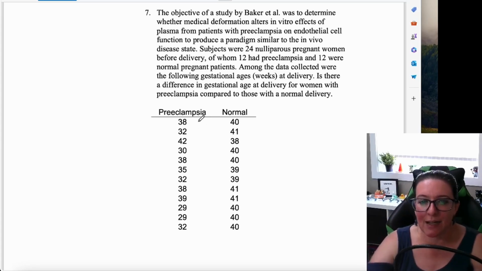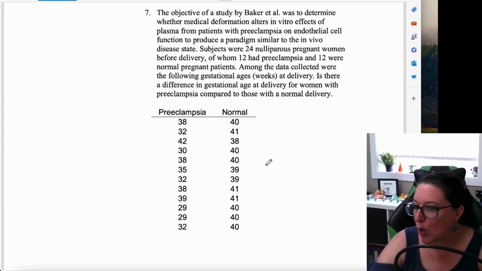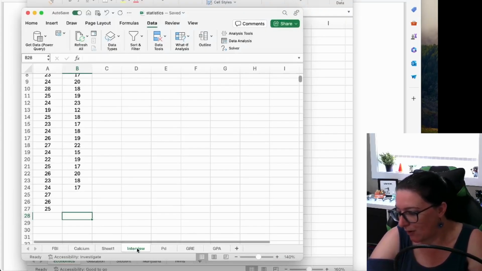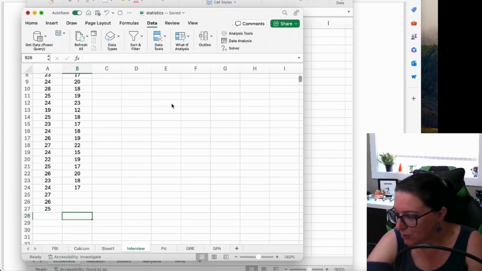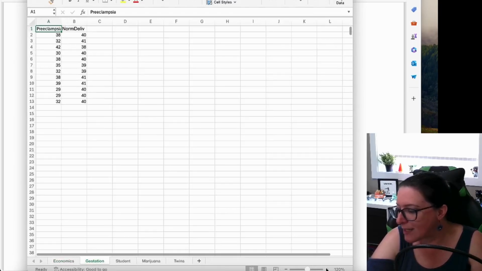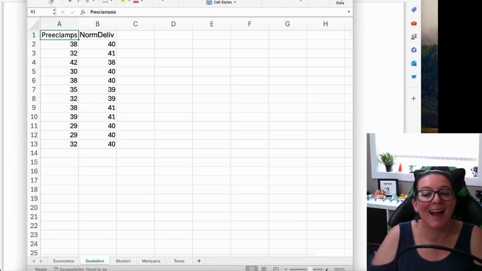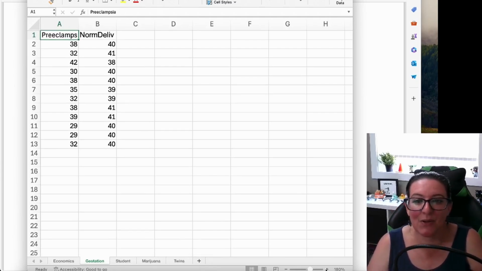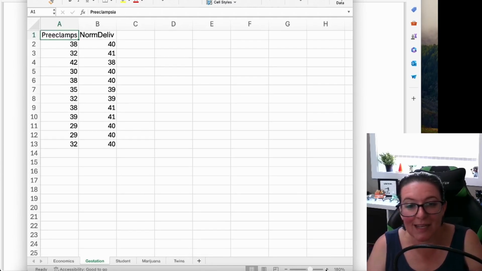So our data here is preeclampsia and normal. So can you, using Excel, we're in the stats 2.1 here, gestation. Can you, using Excel, perform a separate variance t-test to determine whether or not there is a difference?